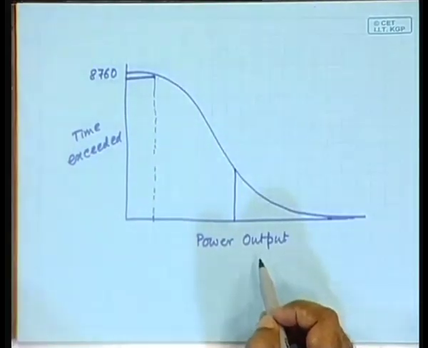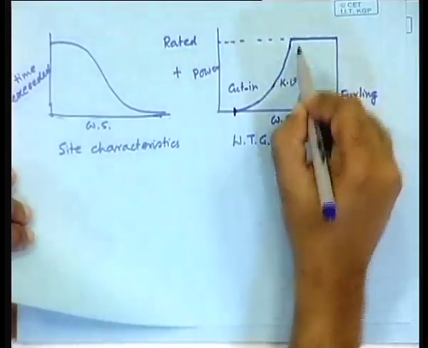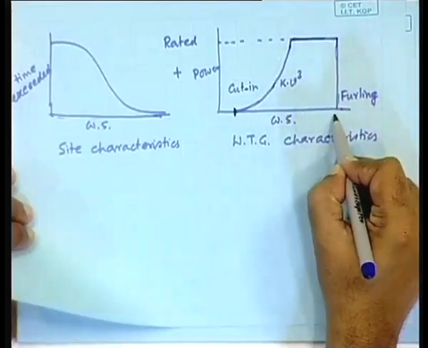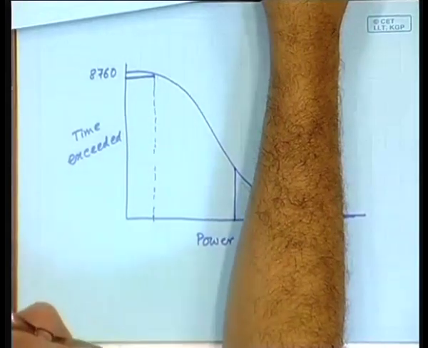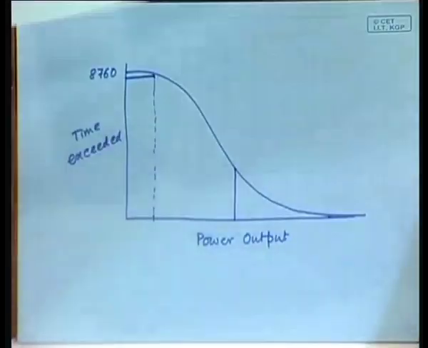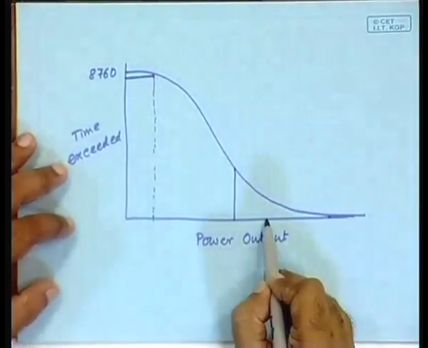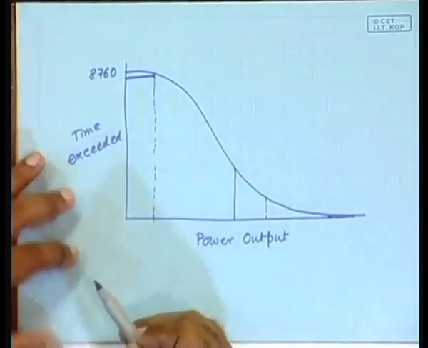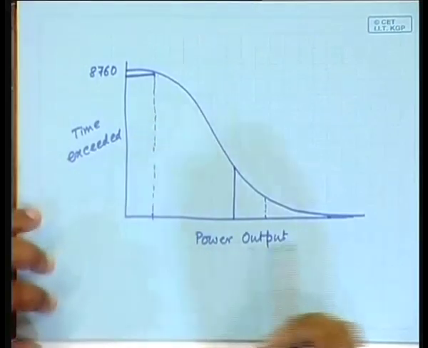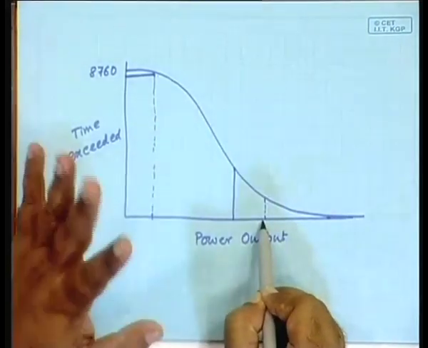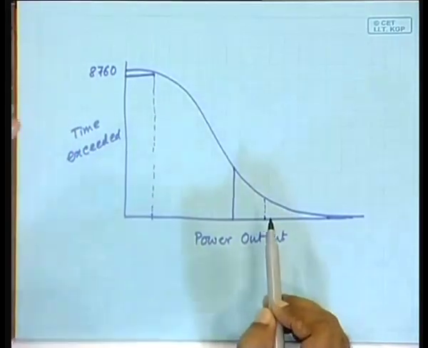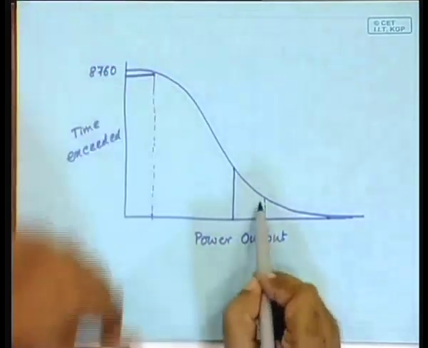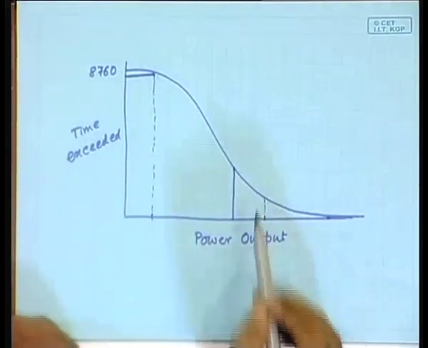Then what? So, you have represented this, you have represented that, and you need to represent this, and this is essentially a very high wind speed at which you do not even generate this. So, it will be represented by a very high power output level here, say, but you are not generating at that power. It is only this point represents that value of the wind speed whose cube is being plotted here.